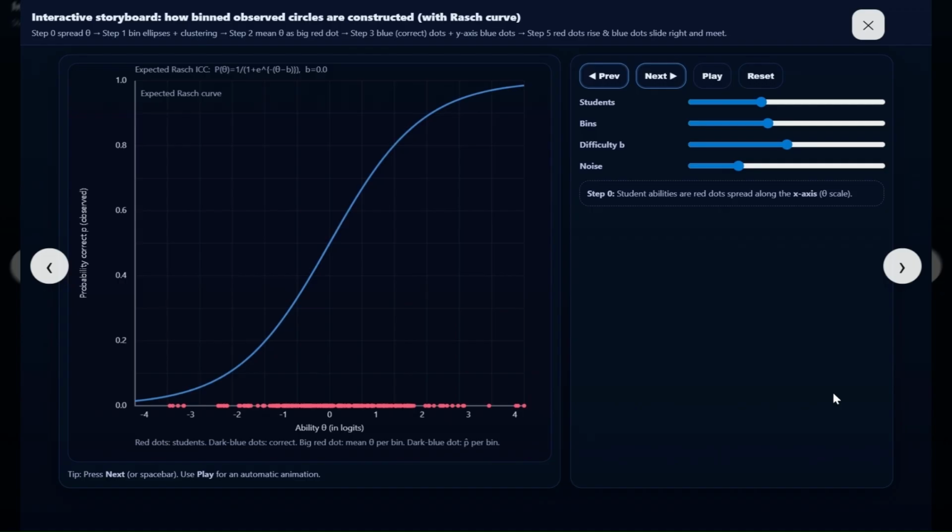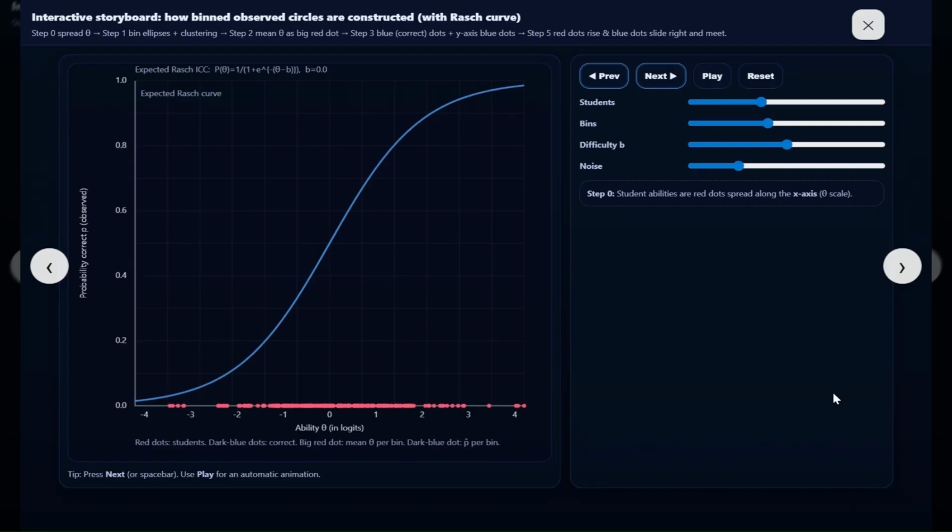It's not far away from the expected value by the Rasch model. It might be different from it, but that differing is due to noise, due to randomness, because these calculations depend on chance.